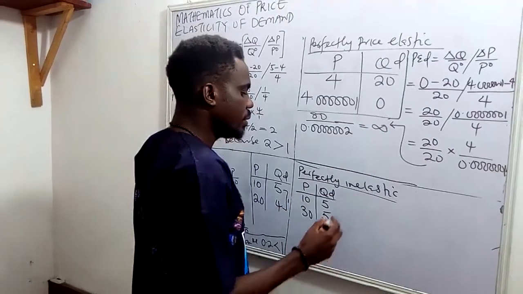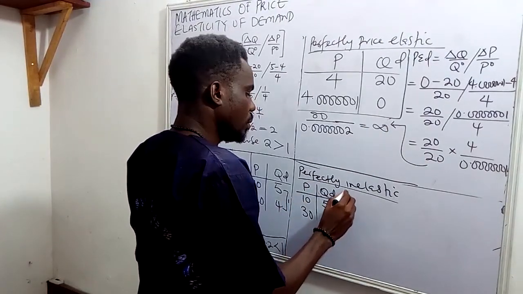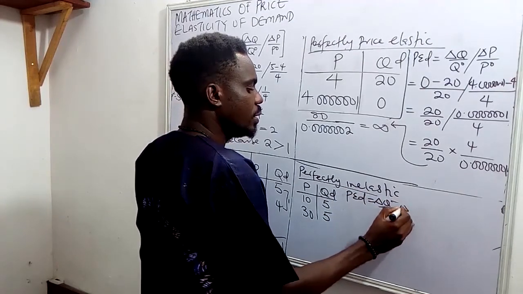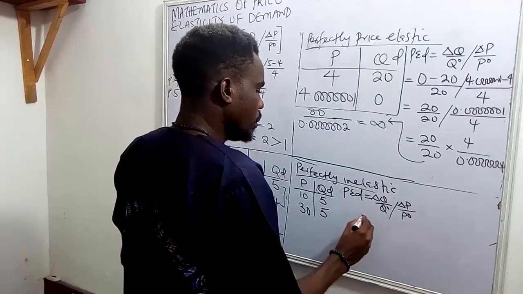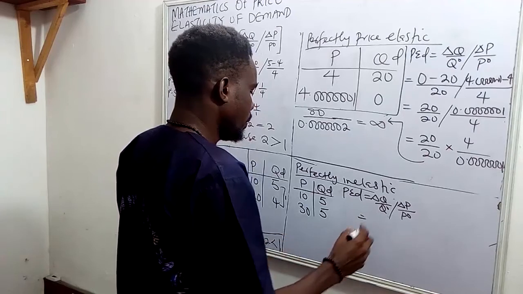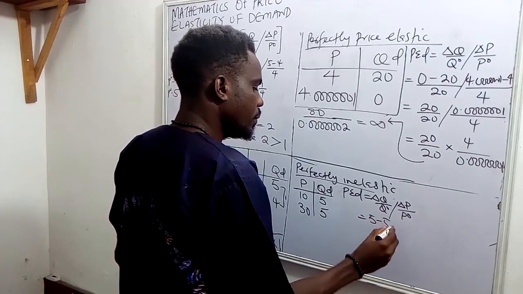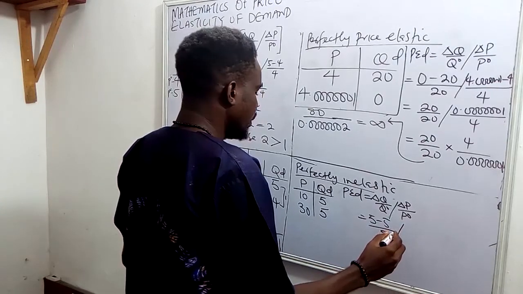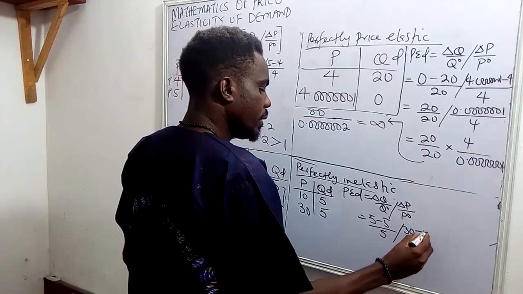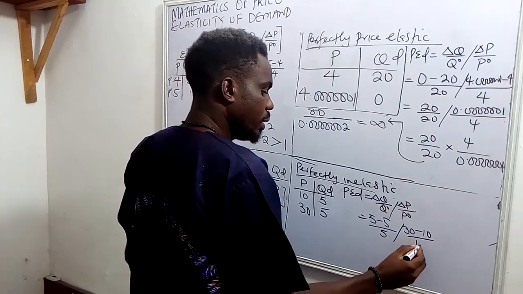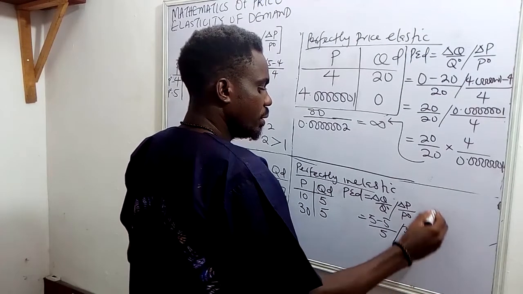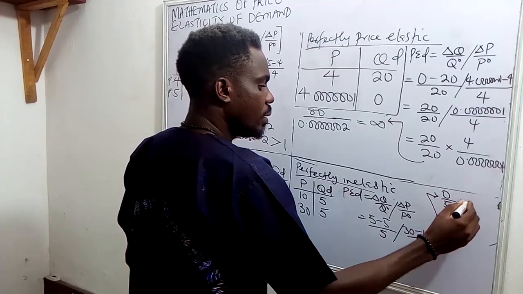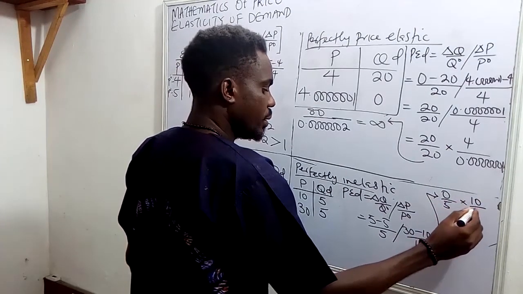For perfectly inelastic, change in Q over Q naught divide change in P over P naught. Change in Q is 5 minus 5 divide 5 divide change in P, 30 minus 10 divide 10, which is 0 divide 5 multiply 10 divide 20.